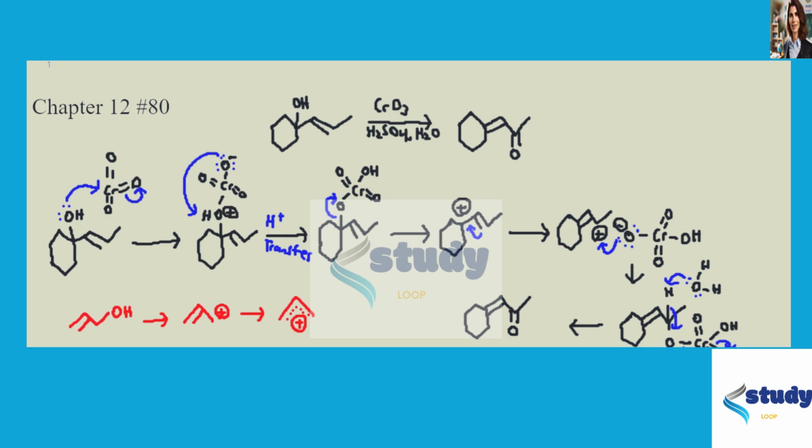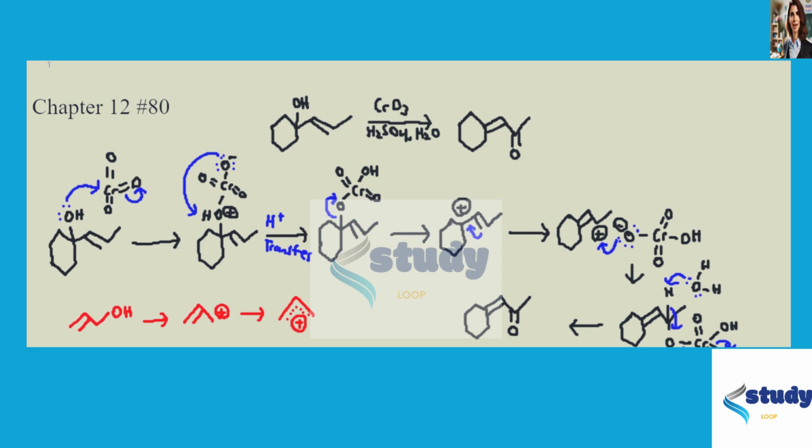And so from there's a proton transfer. So you have a negatively charged oxygen up here with 3 lone pairs, and you have a positively charged oxygen here with 3 bonds. And so essentially that oxygen is just going to take this hydrogen from this oxygen. It's a proton transfer.